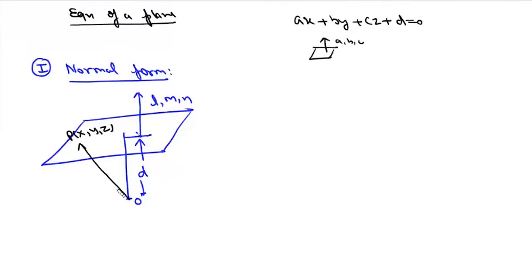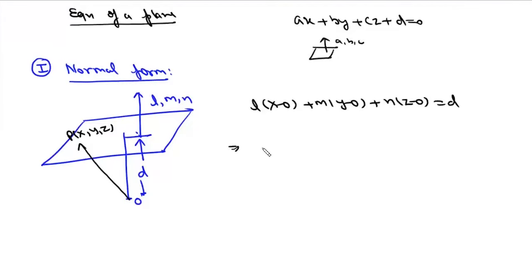The projection of OP on this normal will be equal to D, and this projection is (x minus 0) into L plus M into (y minus 0) plus N into (z minus 0), and it must be equal to D.